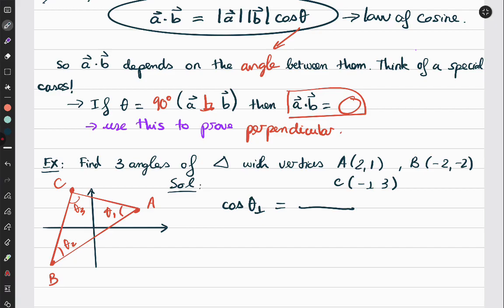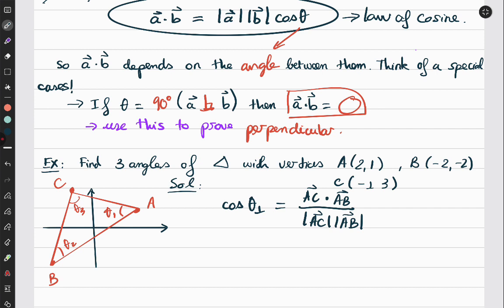So in this particular problem, cosine theta will be vector AC dot AB divided by the length of AC and AB. There you go.